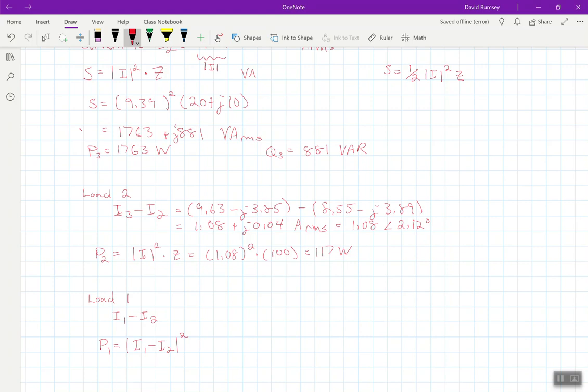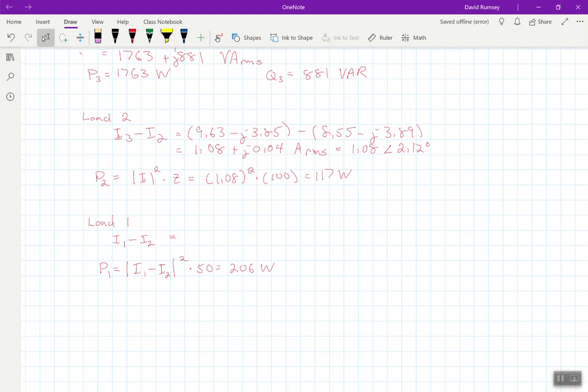I'm sorry, it wouldn't be I1 minus I2. I keep mixing up my loops here. No, this would be, I'm sorry, that I'm 100% correct. I don't know what I'm doing right now, I'm sorry. I1 minus I2 squared times 50 ohms. And if we do that, we get 206 watts.